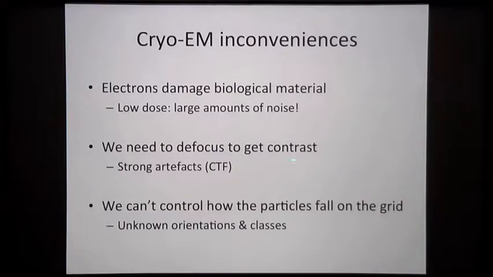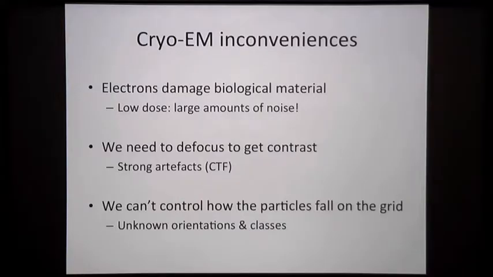Remember the sinusoidal-like waves in the Fourier domain. So we have to correct for that. And then, because we have our particles in solution, and we apply this in a thin layer of vitreous ice on the grid, we can't experimentally control how these particles orient on the grids. So we also don't know which orientation each particle is. Is it a top view, is it a side view, etc.